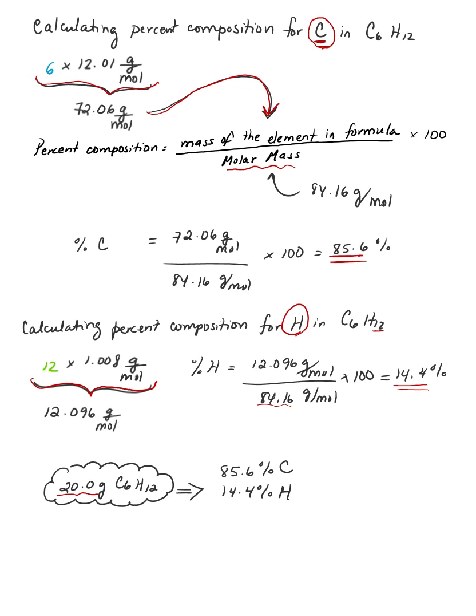Any amount, you can have 1 gram. In 1 gram, out of your 1 gram, 85.6% will be carbon, 14.4% will be hydrogen. Those proportions are always the same for cyclohexane, regardless of what amount of cyclohexane you have.